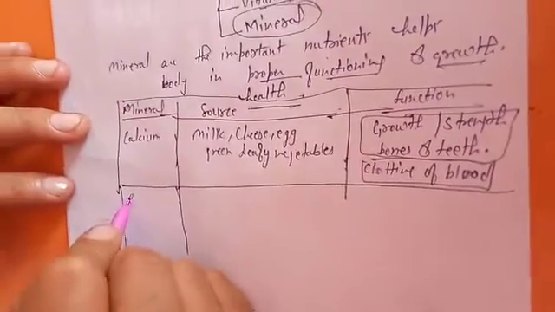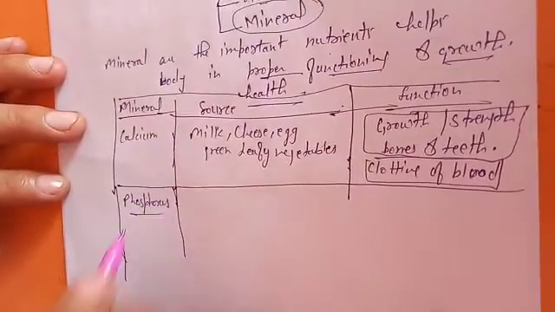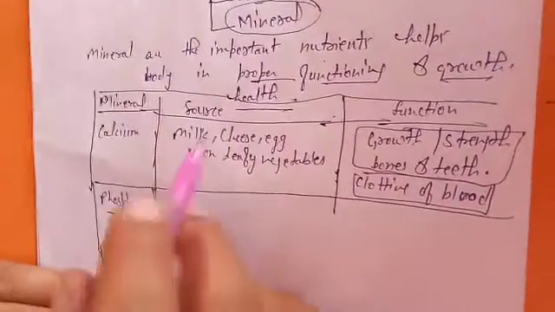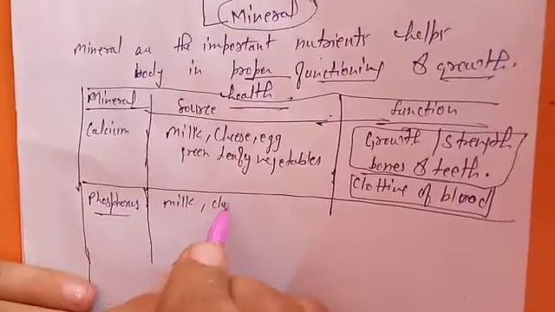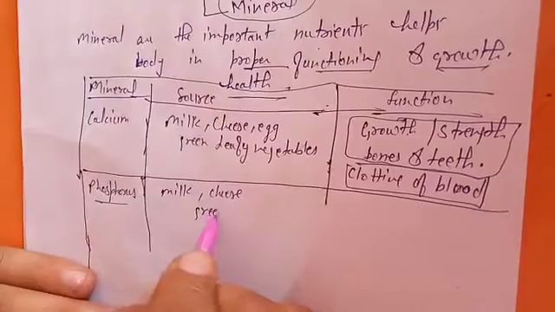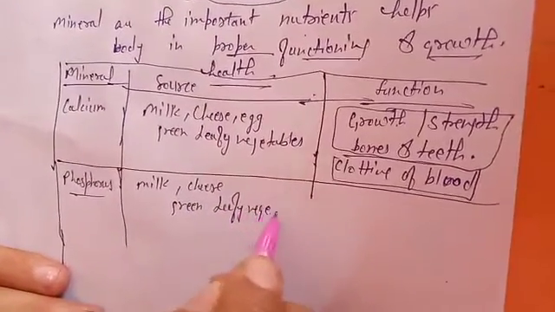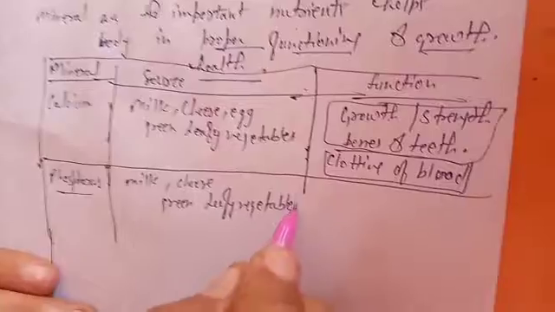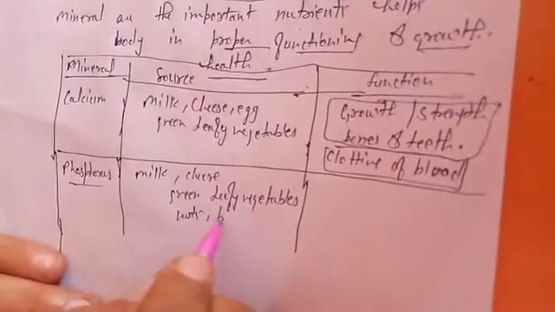Now next one is phosphorus. The examples are the same: you can get it from milk, cheese, egg, and green leafy vegetables. You should also know two more sources: nuts and bajra.